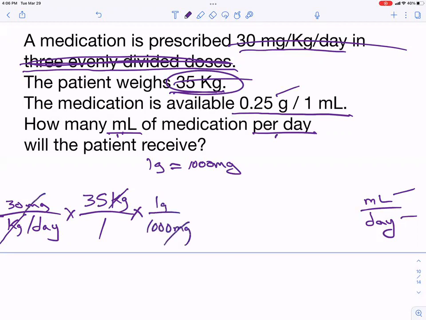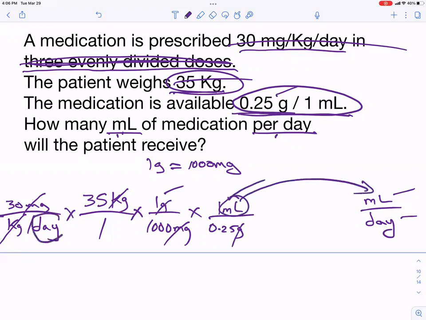That gets rid of my milligrams, but now I got to get rid of gram. So what do I use? I use my problem. 0.25 grams in 1 milliliter. It gets rid of my grams and it gives me my milliliter, which is awesome. So when I'm looking at my problem, I already have the word day. And now I have my milliliter on my numerator and the word day in my denominator.